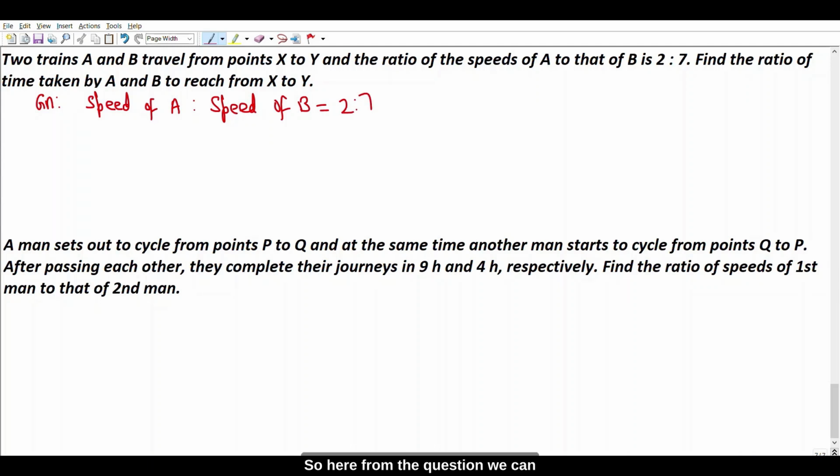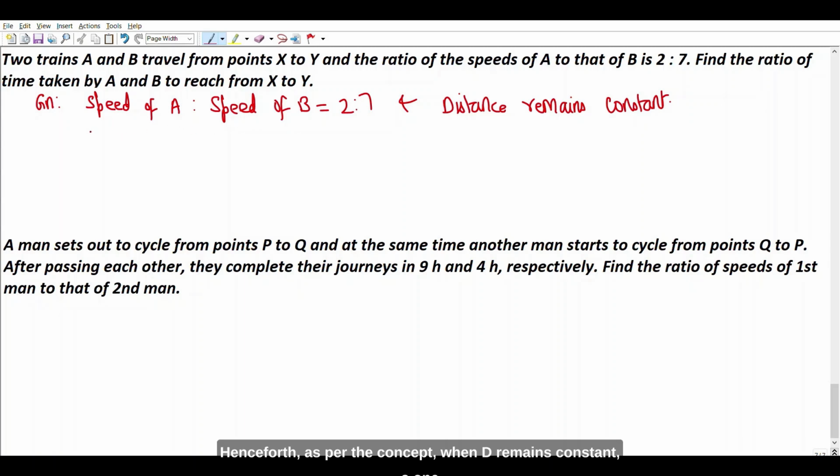So here from the question, we can identify that the distance remains constant.